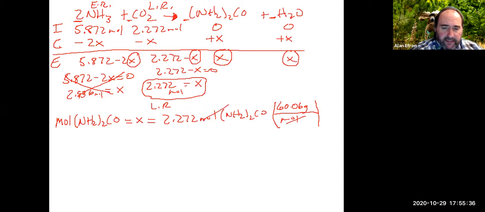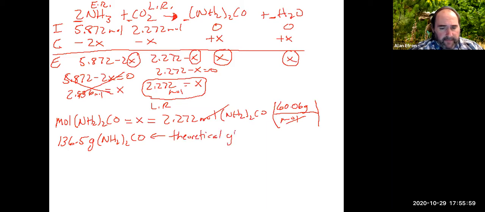Again, the moles are going to cancel, and that gives us 2.272 times that, about 136.5 grams of our product produced. This again is going to be our theoretical yield because it is the one that is based off of the equation.